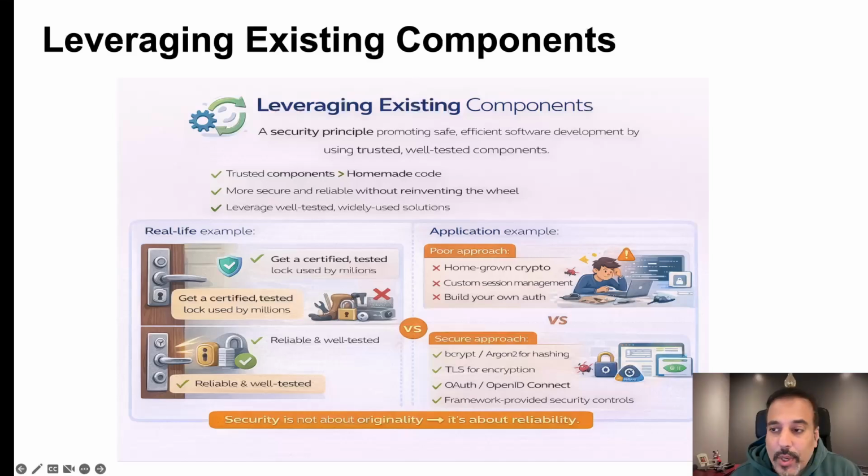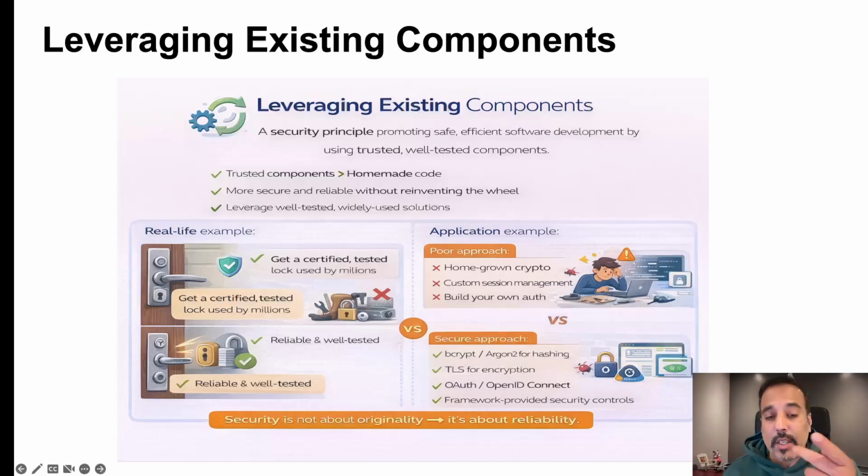Leveraging existing components, another concept. As a security principle, as AppSec engineers in the AppSec world, we promote safe and efficient software development by using trusted and well tested components.